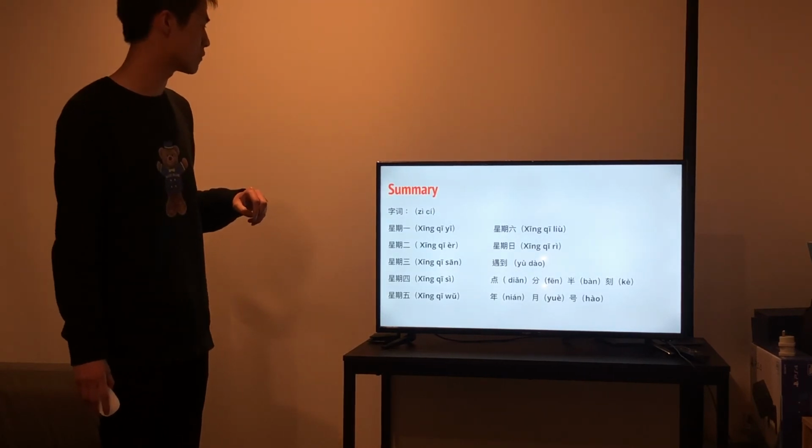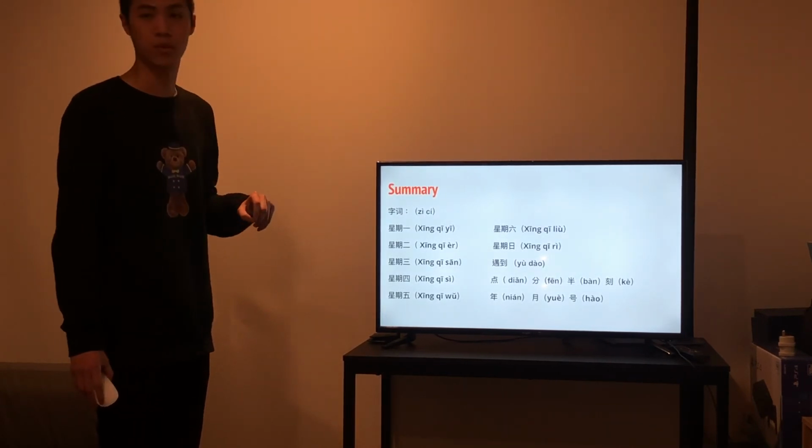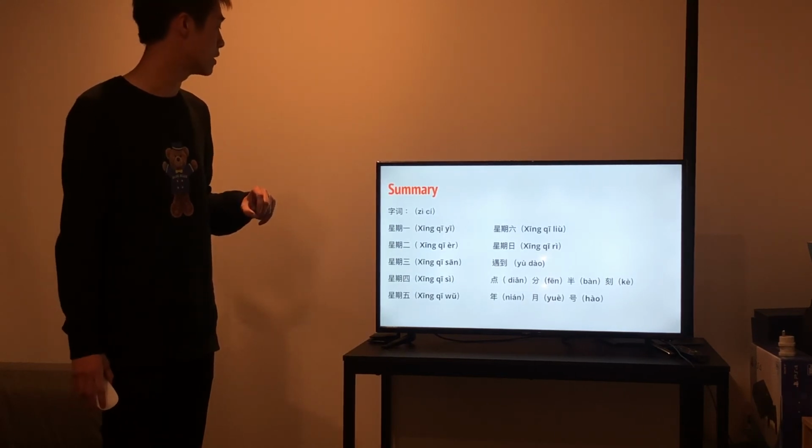And here is also some vocabulary we taught today.